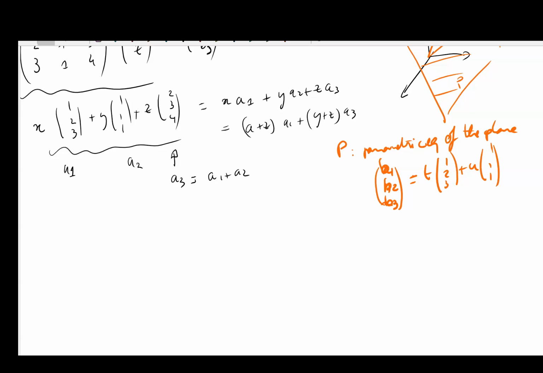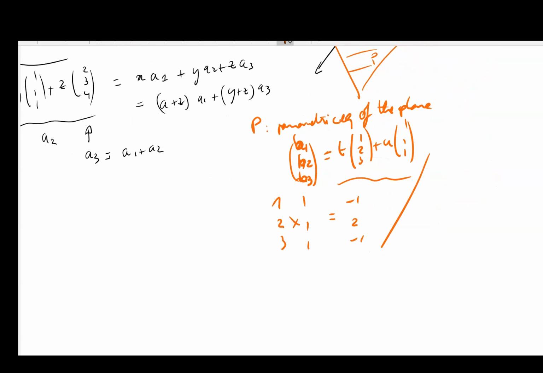As a final reminder, that's the parametric equation of my plane. If I want to find the Cartesian equation, I must find the normal vector to my plane. I just use my two vectors and take the vector product between them, and I've already computed that: it's (-1, 2, -1). So the Cartesian equation of my plane is -x + 2y - z = 0, because it has to go through the origin, as I know it's a vector space.